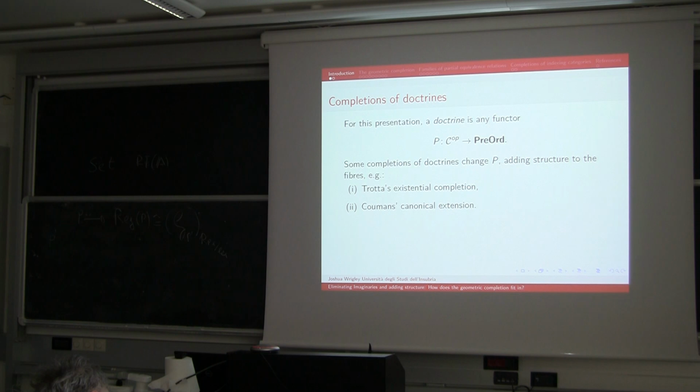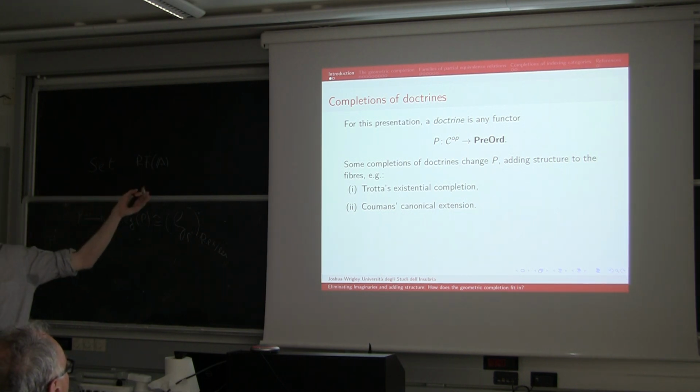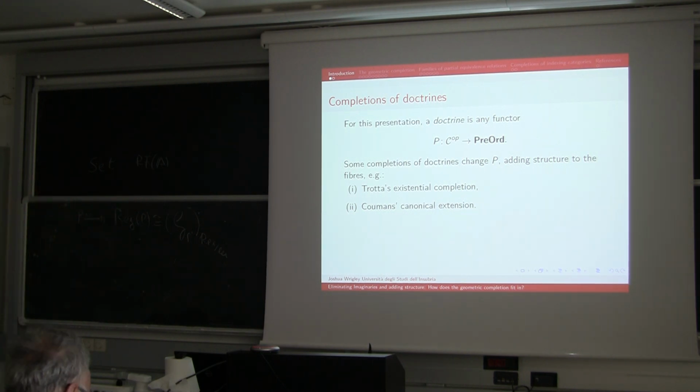So this fits into the wider field of completions of doctrines. Generally speaking, if you look at the literature, there seem to be two different kinds of completions you can consider for a doctrine. When I say doctrine, I just mean a functor into preorders. We've got some completions of doctrines where we add some nice structure to the fibers of our doctrine. We've already seen one with the existential completion.